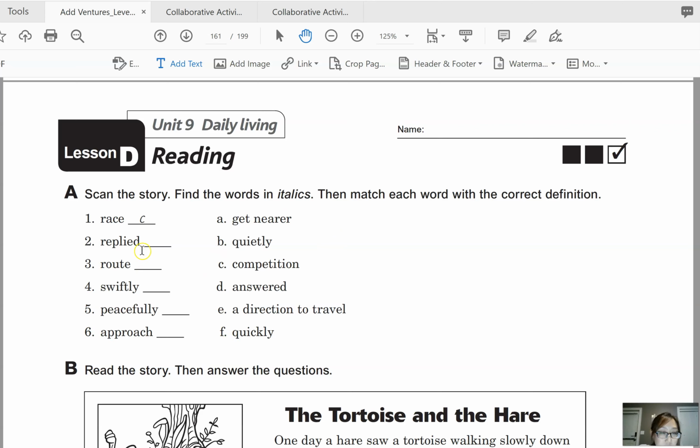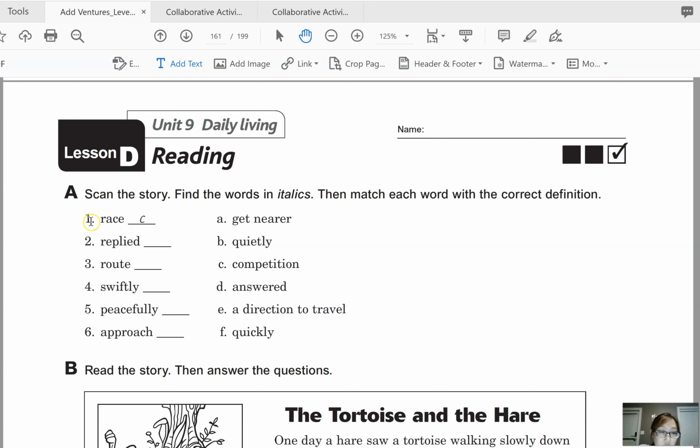So keep in mind the parts of speech, and as you match the definitions, I want you to practice making sentences. So as I did for number 1, I want you to do the same thing. So again, the example was a race is a competition. So race is a noun, and of course competition is a noun.